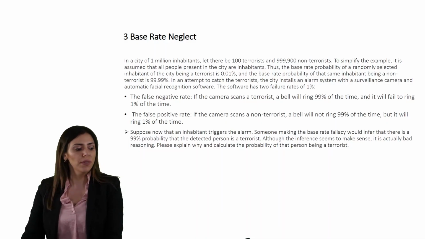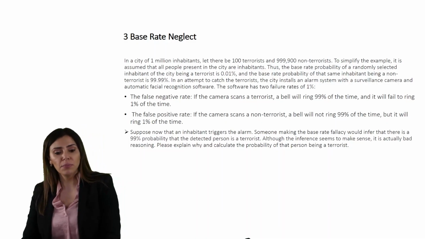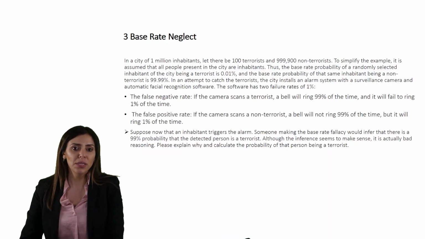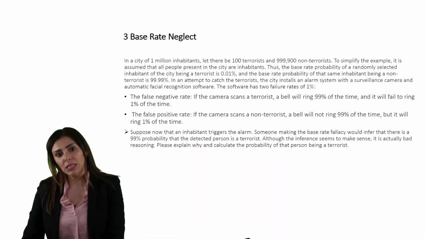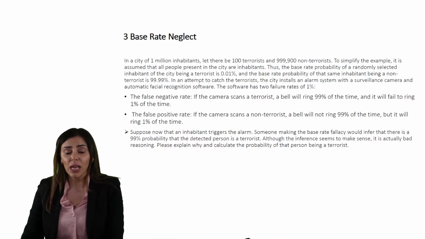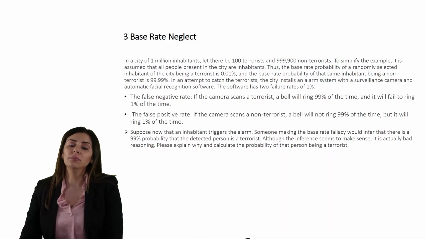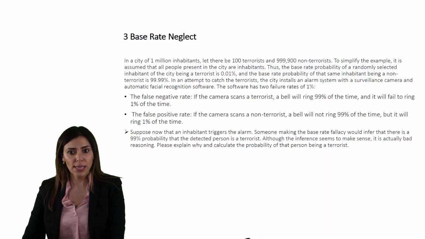That is why most of the time we say that in behavioral finance, the base rate neglect is most likely to be a consequence of, or really related to, the availability bias. Let's try to see through exercise 3 what that means.